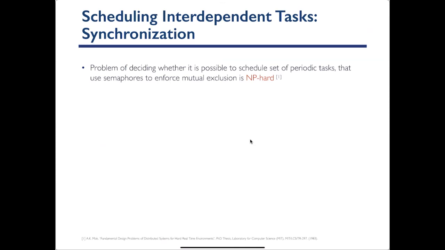So there was no dependency considered when we were scheduling tasks. We will look at each task independently and jobs within the task independently, and then we would schedule them.